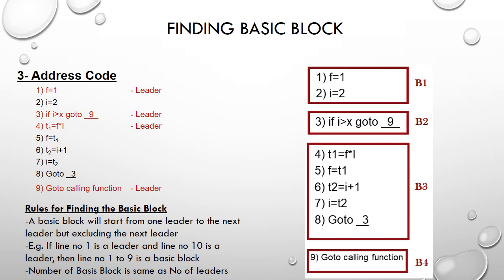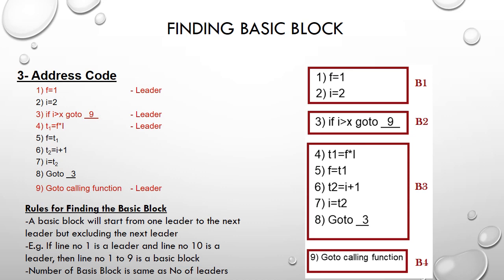So statement number 3 is the second basic block for us. Then again starting from 4 to 9, but excluding 9, it means 4 to 8 is the third basic block. We have given it the name B3. And then the last one has only one statement, so it will be basic block B4. So this way we have found the basic blocks.